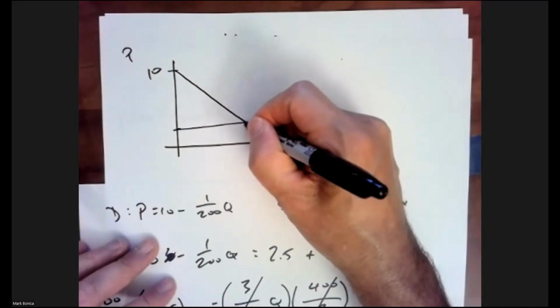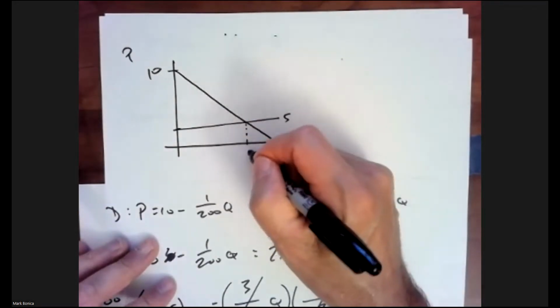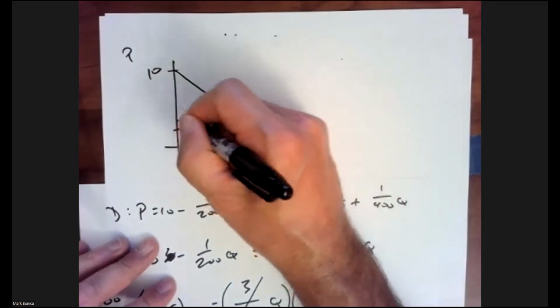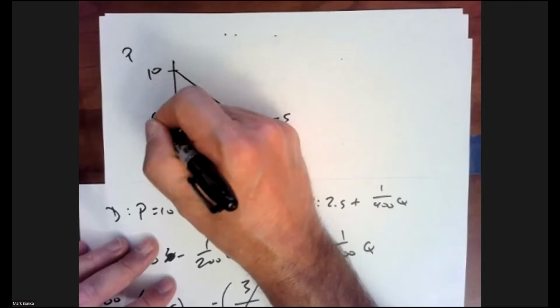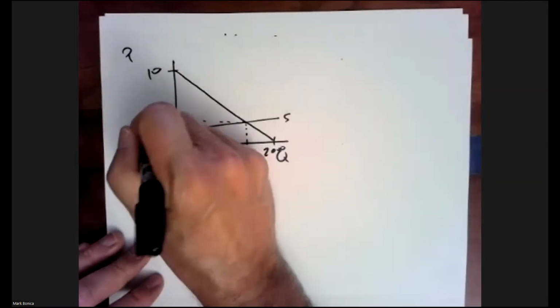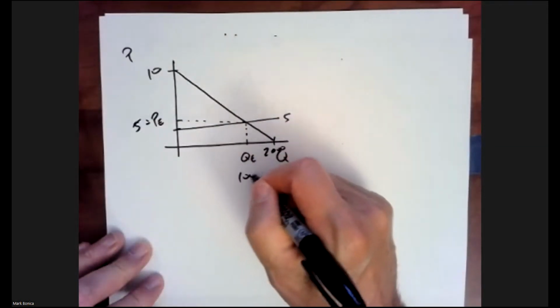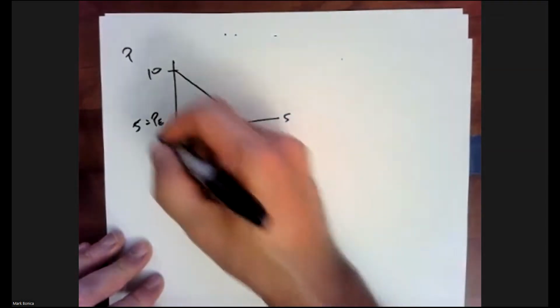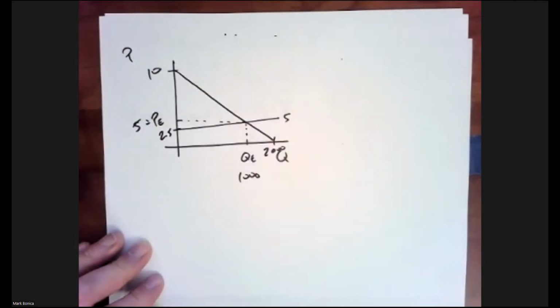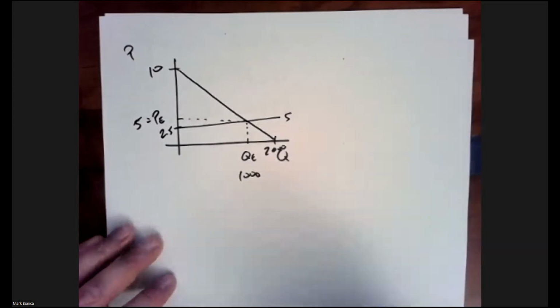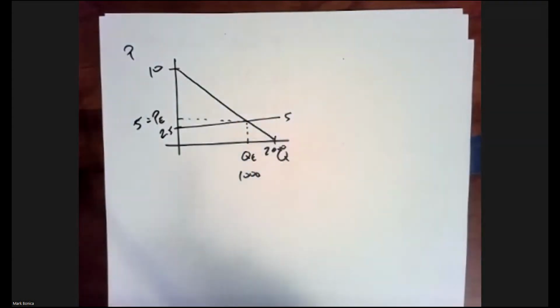And so my equilibrium quantity and equilibrium price: we said the equilibrium price was 5 and the equilibrium quantity was 1,000. So those lines are here and here, and this intercept was 2.5.